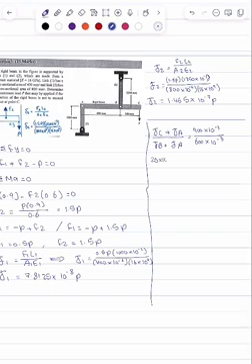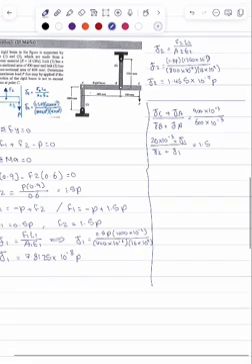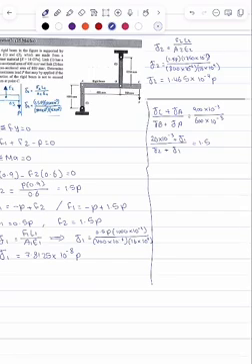Now we put the numbers: 20 times 10 power minus 3 plus delta 1 over delta 2 plus delta 1 equal 1.5.